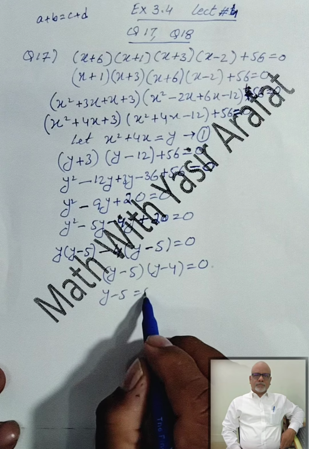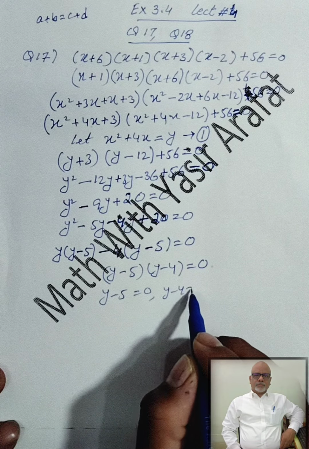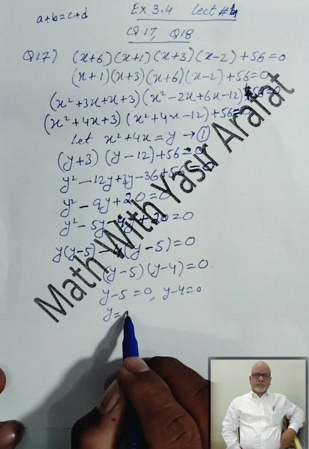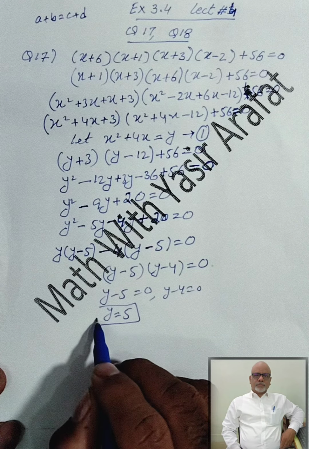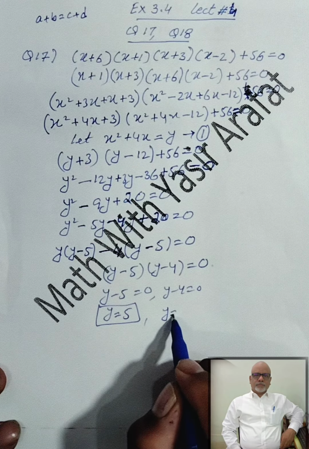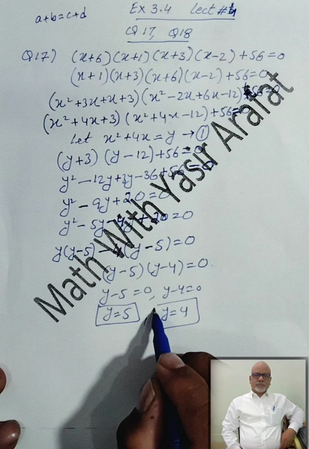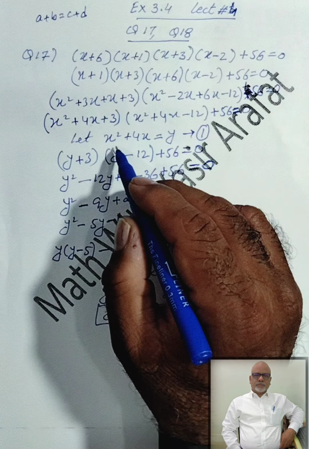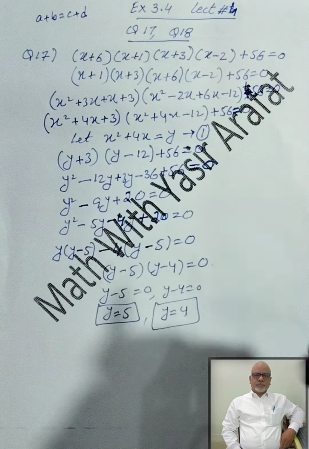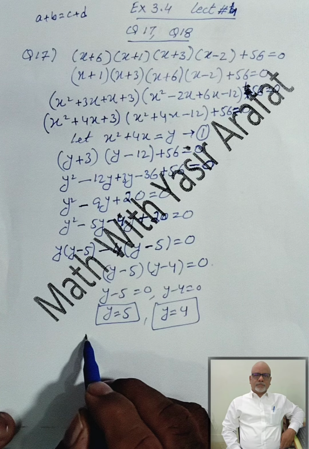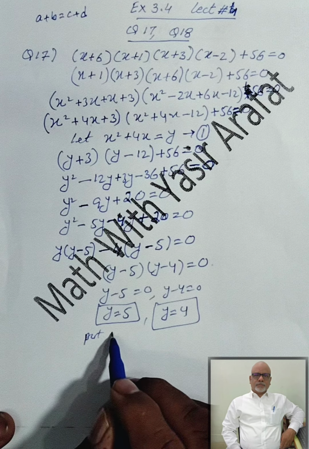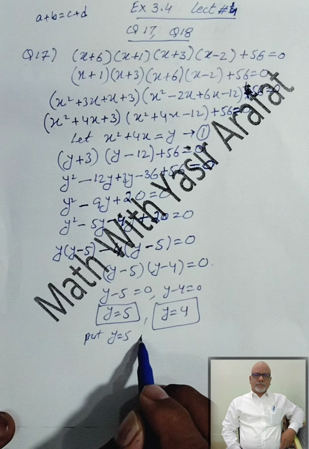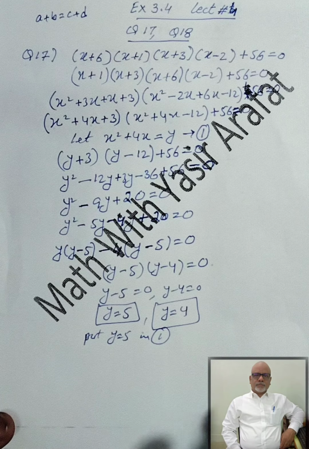So the value of y is equal to 5, and y is equal to 4. Now we have to put these values one by one in equation number 1 to find the value of x. So first put y equals 5 in equation number 1.